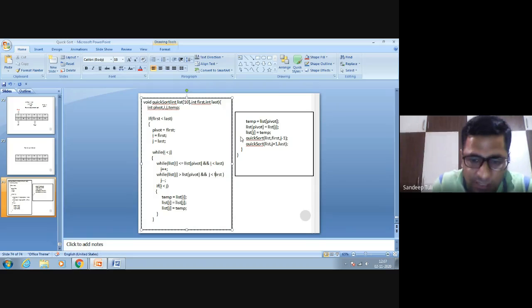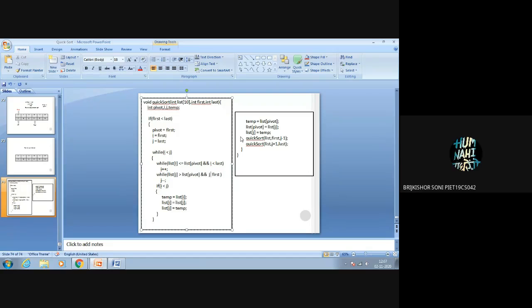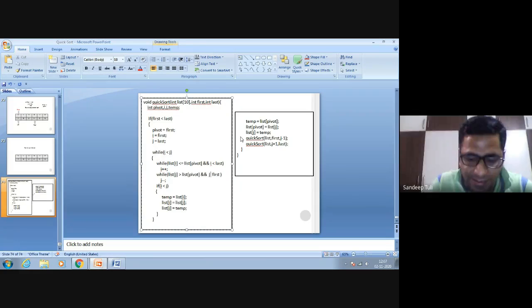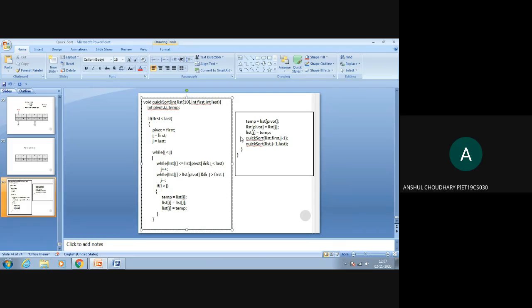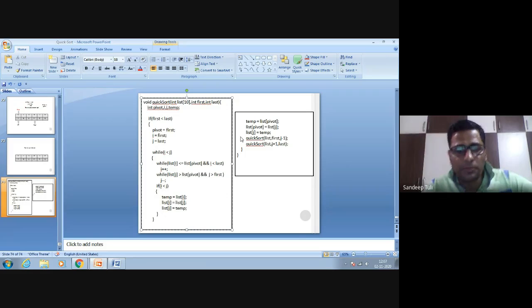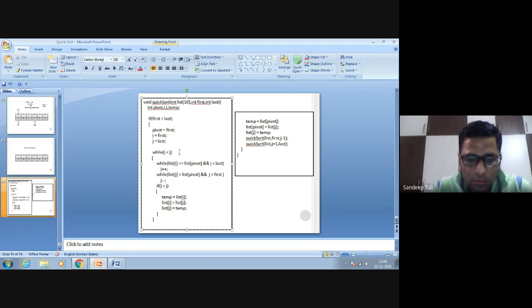Greater than first or less than first? Greater than. J will always be greater, only then will we decrement it. Index j will always be greater than the lower bound, and similarly index i will always be less than the upper bound. So here we are trying to increment and decrement the values.